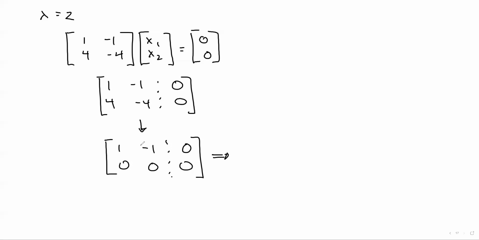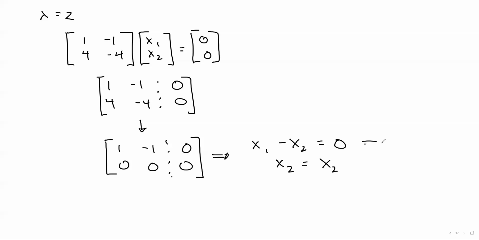We're going to have x1 minus x2, so this is the coefficient of x1 and here's the coefficient of x2. The augmented part is where the equal sign goes, and then 0. Since we don't have anything in the second row, that's when we use the free variable, so x2 equals x2.